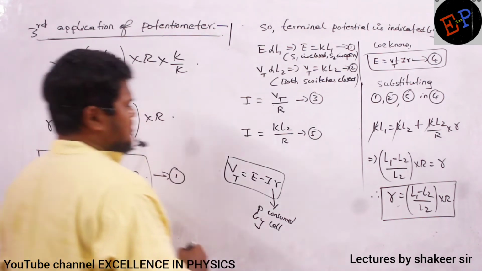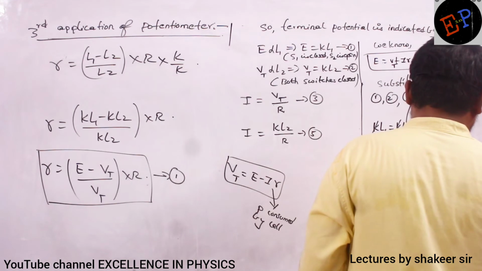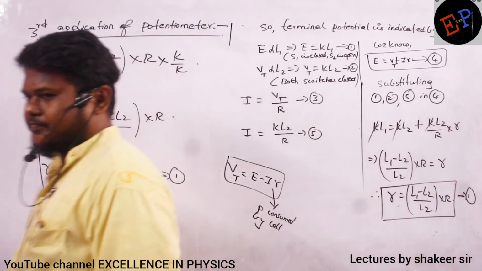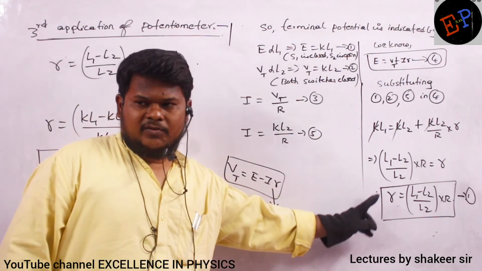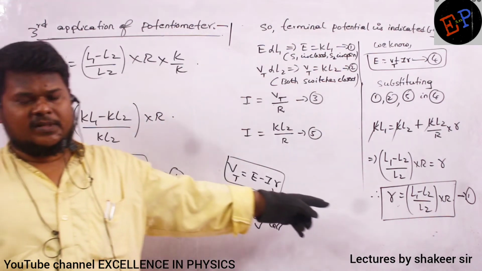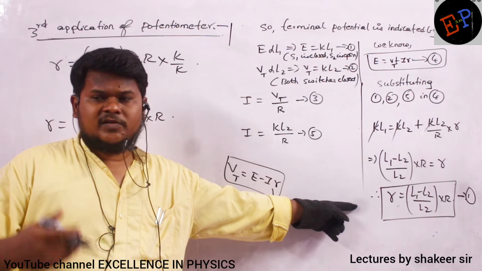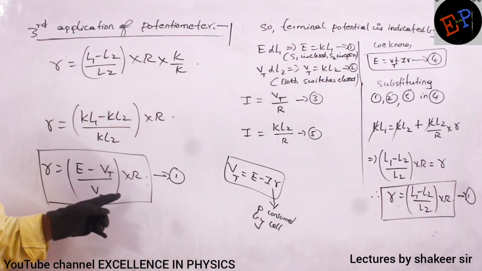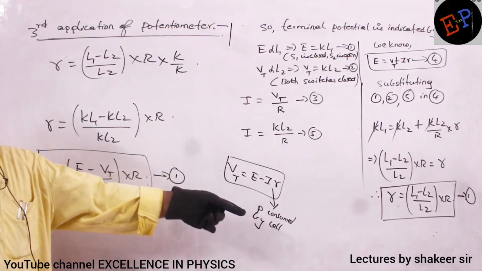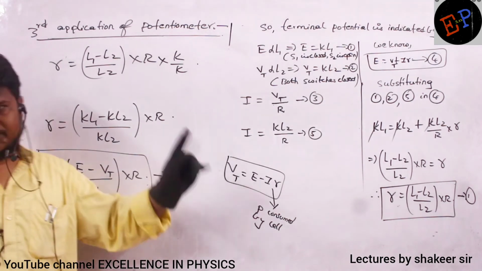This is my first equation and this is my second equation. Depending on which data is given, you have to select any one of these equations. Values are given either in terms of balancing lengths, or in terms of EMF and terminal potential. Based on that, you select one equation and calculate the internal resistance.